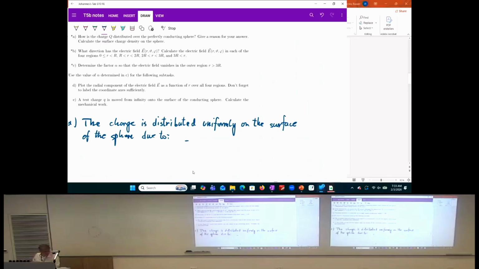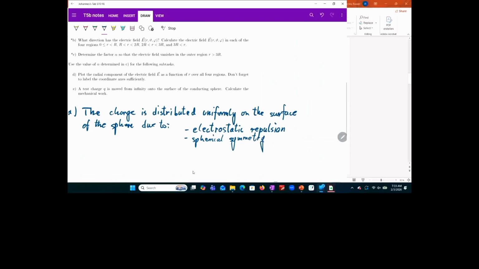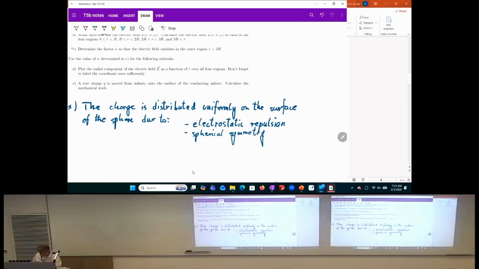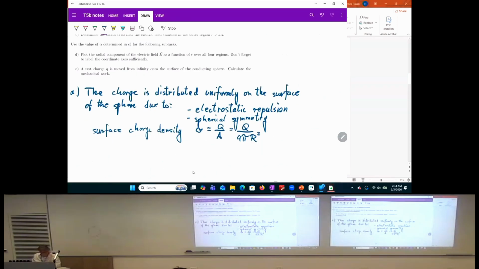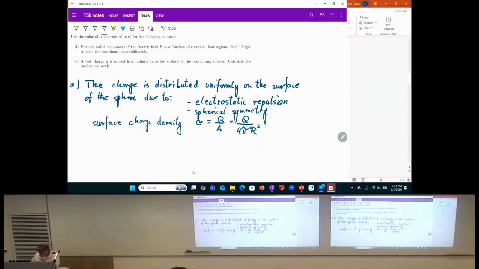And also because we have a spherical symmetry. What is the surface charge density? The surface charge density is the total charge on the sphere, all distributed over the surface, divided by the area, and the area is just the area of a sphere, that's 4 pi r squared.